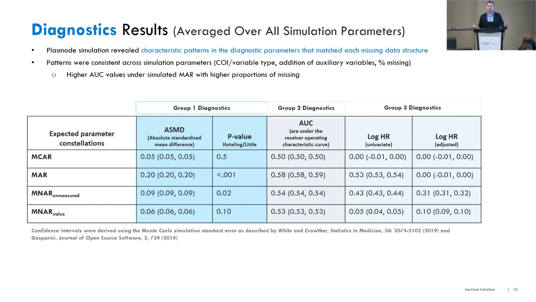Especially for missing completely at random and at random, we were quite confident to be able to differentiate based on all 3 group diagnostics, whereas it was more difficult to differentiate, for example, missing completely at random and missing not at random mechanisms, where the difference really was more observed in the group 3 diagnostic, because in missing completely at random, as we assumed, we did not see any association in the univariate nor in the adjusted model, whereas under an MNAR unmeasured and MNAR value mechanism, we would always see significant differences in the outcome.